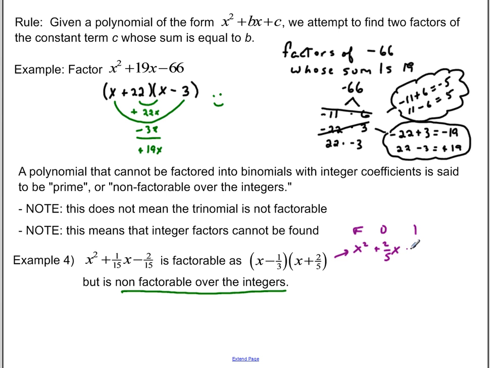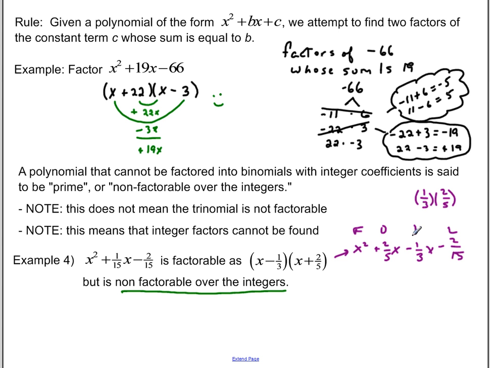Negative 1/3 x. Looks like we're going to have a bit of fraction action here to deal with. And our last terms, negative 1/3 and 2/5. Last, negative 2/15, right? Don't forget when you're multiplying two fractions, you're taking the numerator times the numerator and the denominator times the denominator. So 1/3 times 2/5 is going to be 1 times 2, which is 2, 3 times 5, 15.